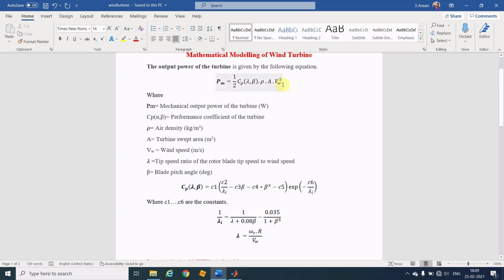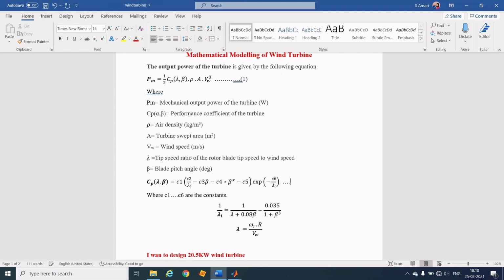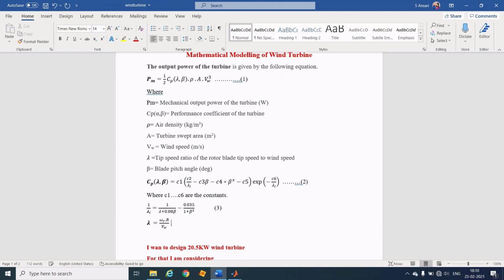So if you see these equations, let me name them. This is equation 1, this one is equation 2, this one is equation 3, and this one is equation 4.